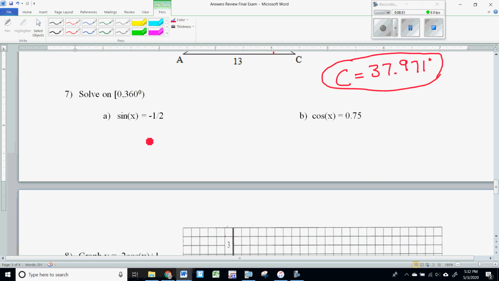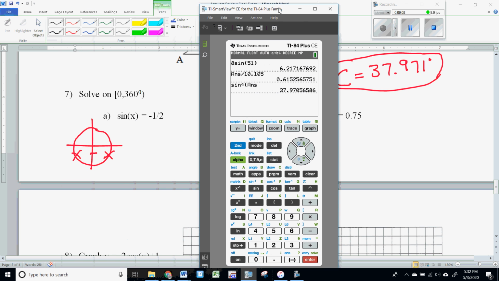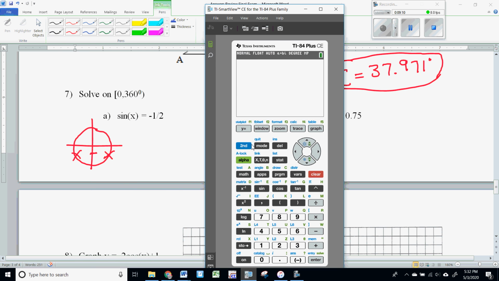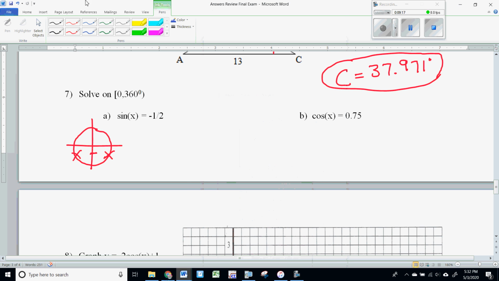Let's look at solving a trig equation. So we want to solve on 0 to 360. So remember, these have two answers. If we draw our unit circle, sine is -1/2 here. So I'm going to get one answer there, one answer there. And if it's a unit circle value, which this is, we could do it on a unit circle, but if it's not, we have to do it by doing inverse sine of -0.5, and we get -30.